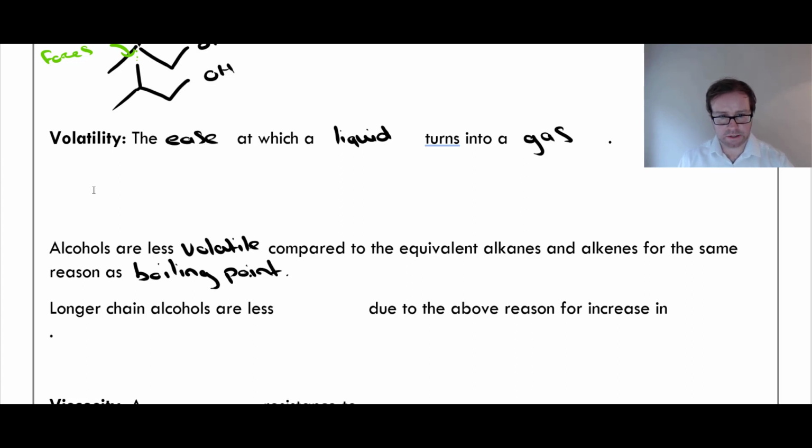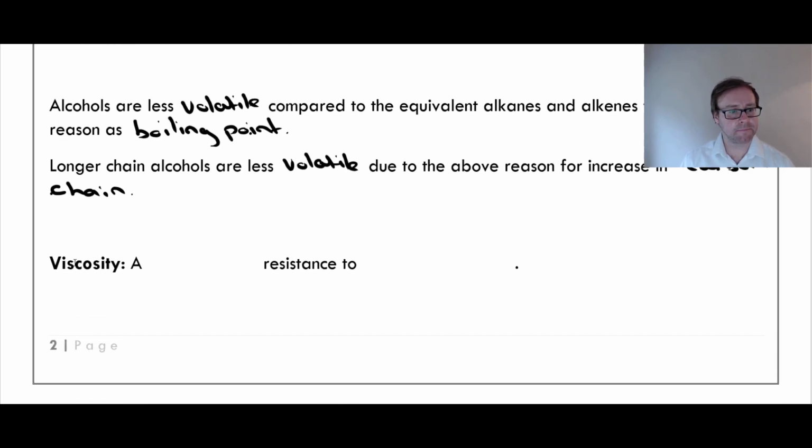Longer chain alcohols are less volatile due to the above reason for increase in carbon chain. So we're still using the same explanations, but we're using volatility instead.